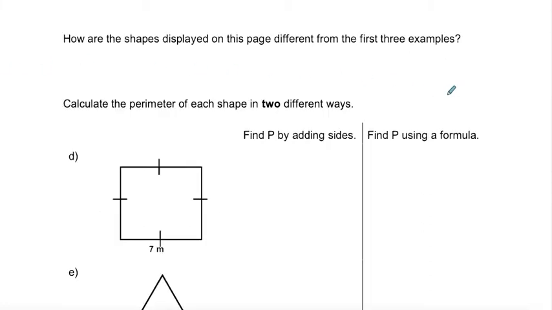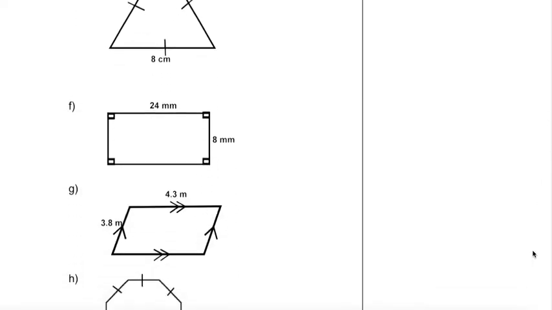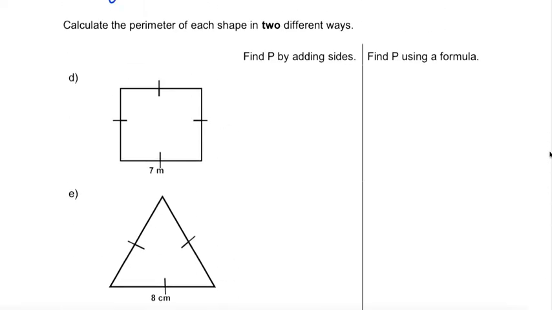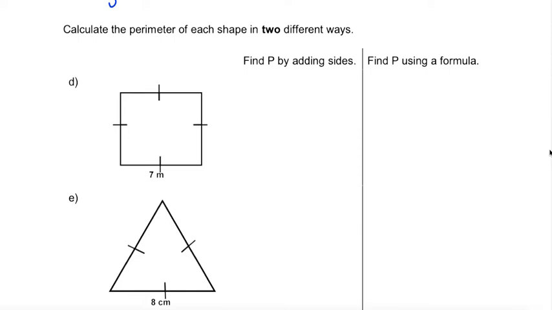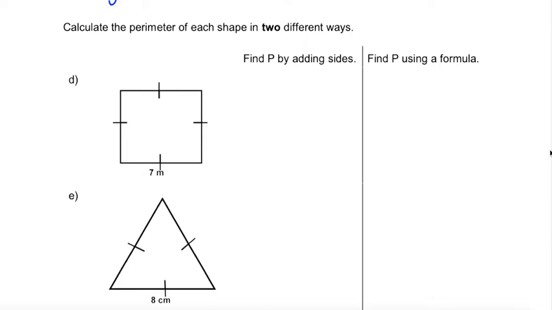The shapes that are displayed on this side of the page are different from the first 3 examples on the front of the page because these are what we call regular shapes. When we're talking about regular shapes, we're talking about those basic shapes that we know that we can have a formula for.